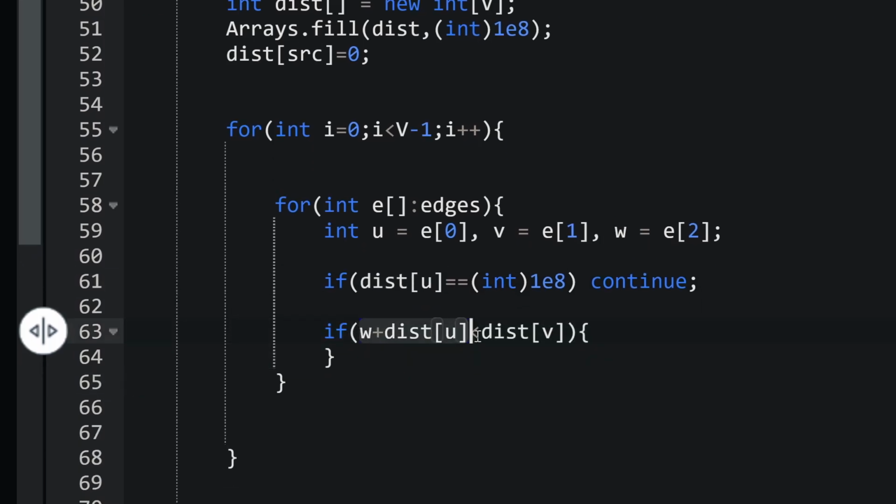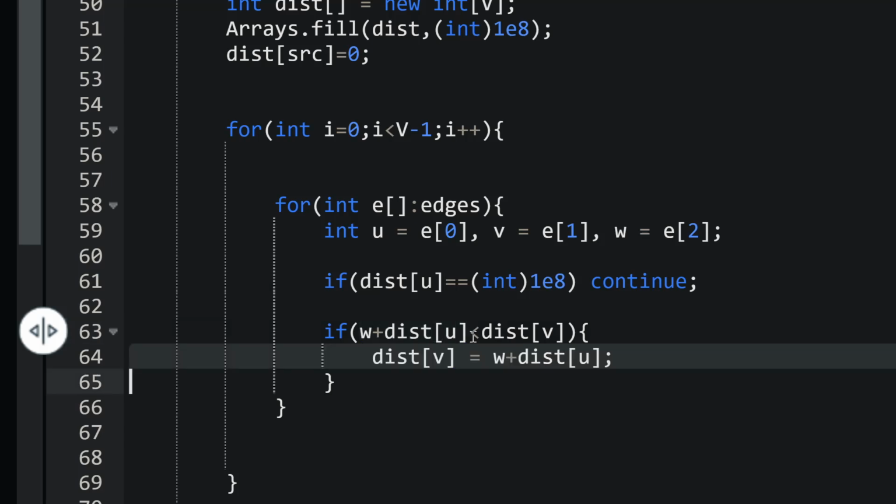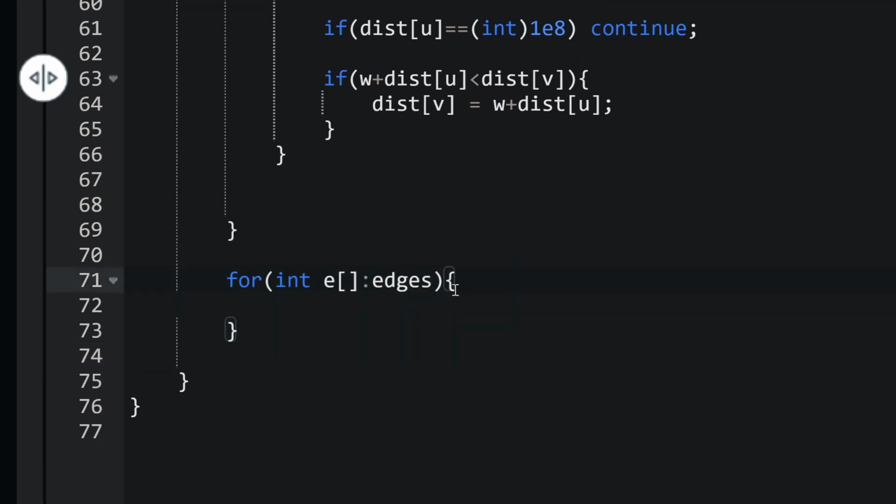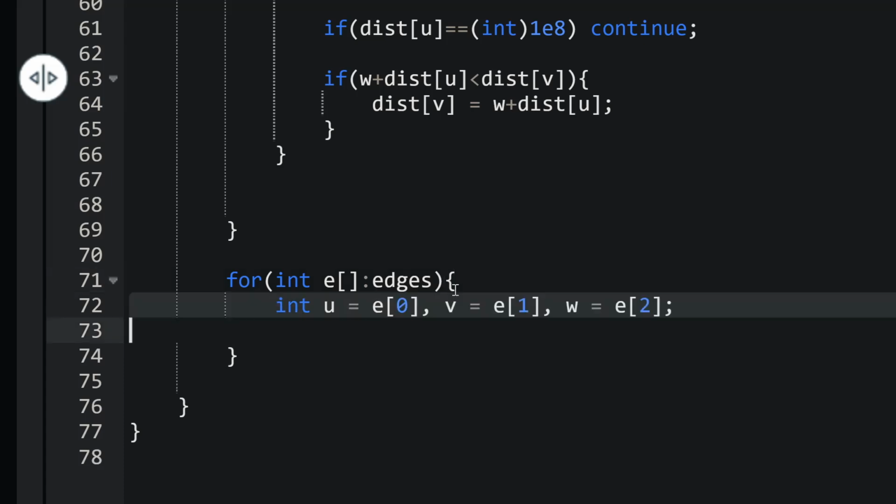Then we are at a node u, and if we take the distance to reach v, if we consider that particular path, and this path will give us a smaller value, then we will update our value. Then we have to check for a cycle.